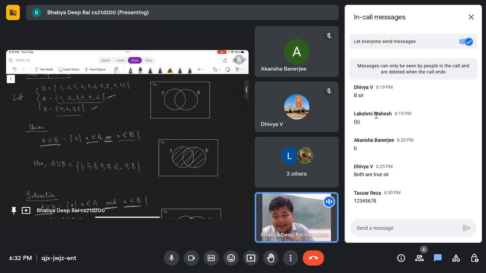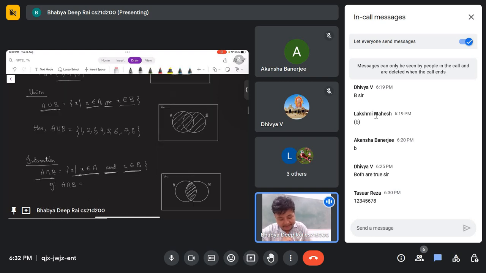A is 1 2 3 4 5 6 and B is 5 6 7 8. Now what could be the intersection of these two sets? In other words, intersection is simply the set of those elements which get shared between two sets. You can think of intersection as overlap.